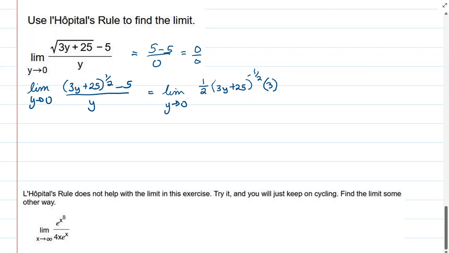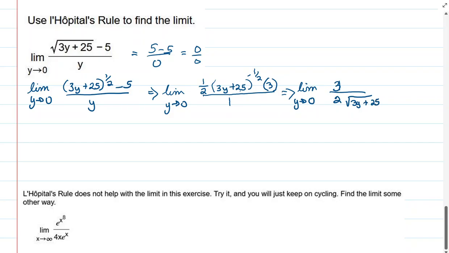And of course, the derivative of a constant is 0, so I'm not going to place that one. And then on the bottom, I have a 1. Is everybody good? Everybody breathing? Alrighty. Well, what happens here? Okay, I'm going to clean it up. I'm going to have the 1 over 2, and this is the 3, sorry about that, 3 over 2, and this is the square root of 3y plus 25.